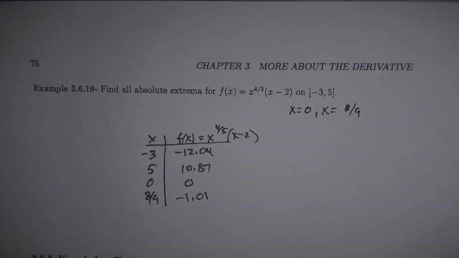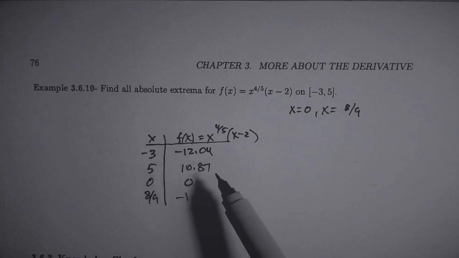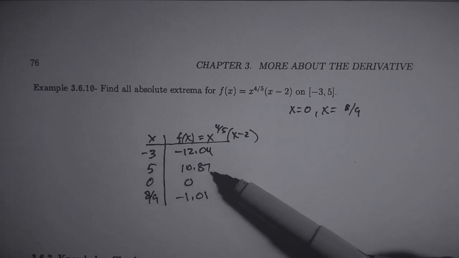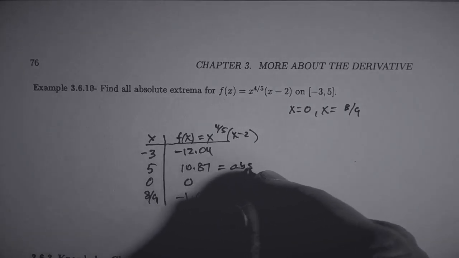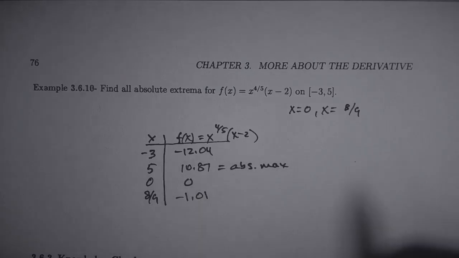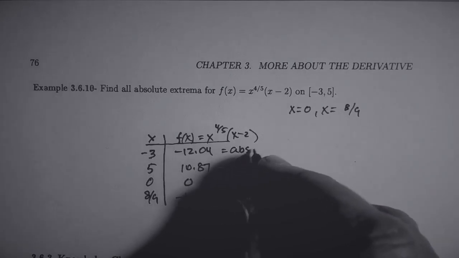the local max. I'll find the absolute max and min. The absolute max and min must be in this list. Since that's the largest of these 4 numbers, that has to be the absolute max of this function. And since -12.04 is the smallest, that must be the absolute min.